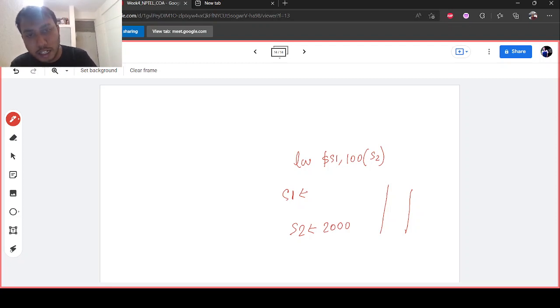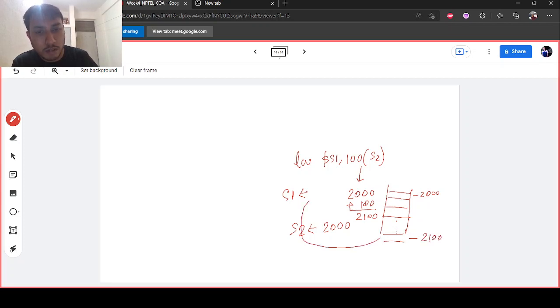What it means here is to load the value from this location. Suppose this one is 2000 and this is 2100. So the value at this location will be loaded into S1.